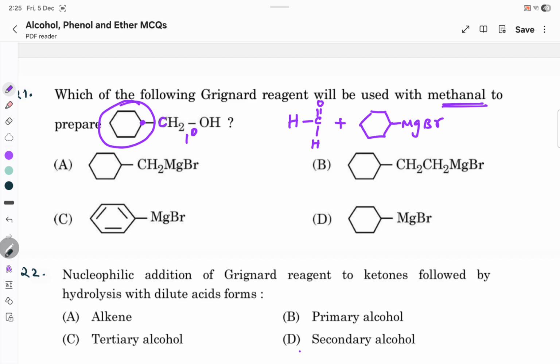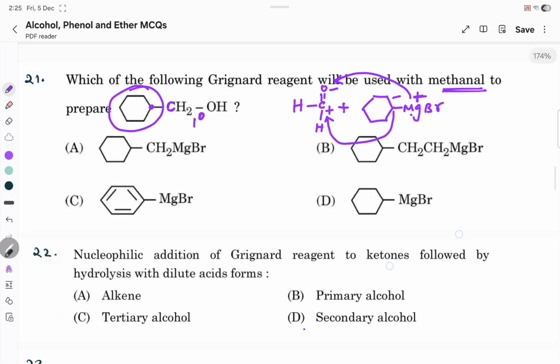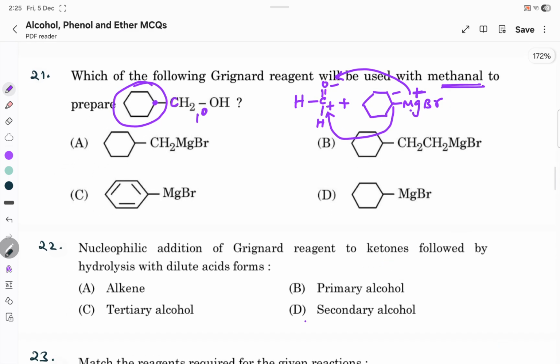So I'm going to introduce the ring in this compound. So now it is benzene. This will get a negative charge. This magnesium will get a positive charge. So carbon will get positive, this will get negative. So add the Mg part to this and the negative part to this.